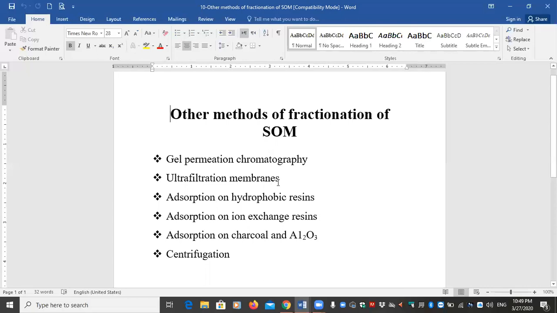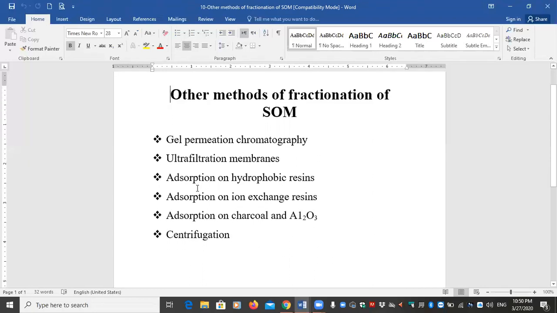Ultrafiltration membranes. That means you have membranes, and of course, this type of membranes have holes, if you want to say, or they are of fineness that will allow certain molecules to go through them and some others not. So these membranes can be used to separate things based on the size of their molecules.